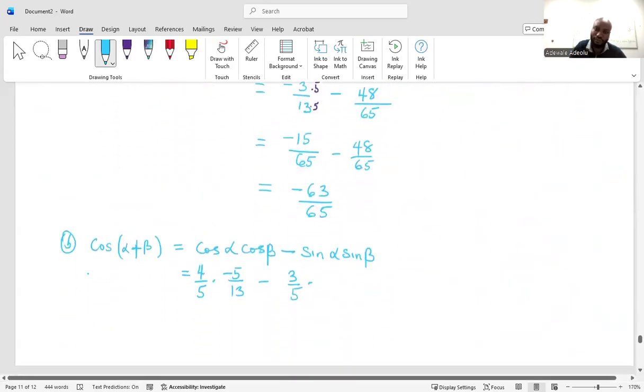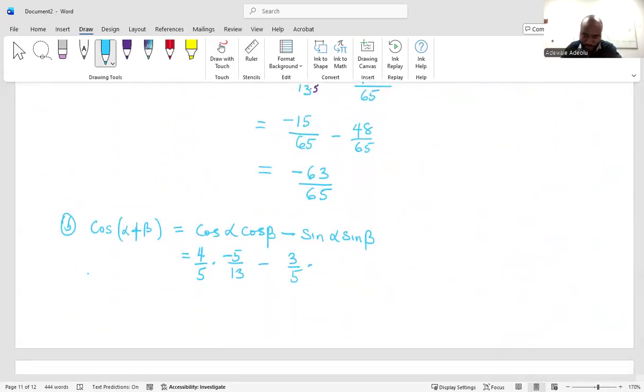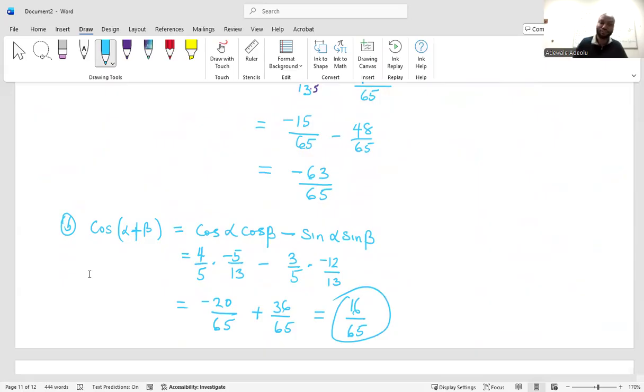Negative 12 over 13. So in the end, we have, I will just be smarter now and say over 65 minus, so this becomes plus, minus times minus plus, 3 times 12, 36 over 65. And our answer is 16 over 65. Looks like I cannot reduce that again, so that is the answer.